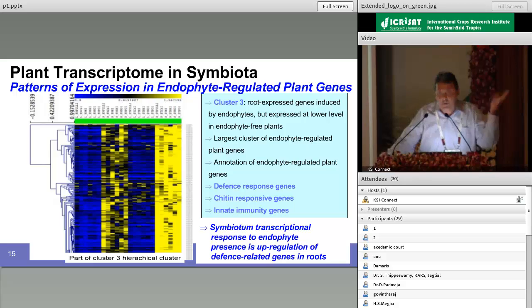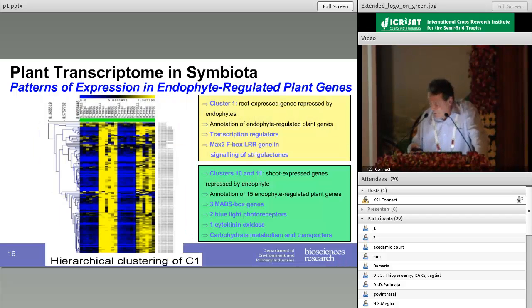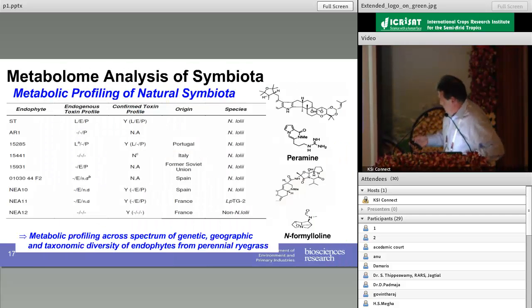So shifting now, having taken you on a journey from a global discovery of fungal endophytes, the pangenome analysis of those, and the impact on the transcriptome of the interaction of the host genome with its supplementary genomes, we now move into the metabolome analysis side. What you see here is a range of some of the core bioactivities across a range of different endophytes. The endophyte toxins are reduced to the level of the major components, so lolitrem, ergovaline and peramine.